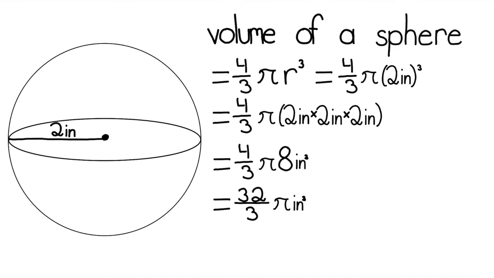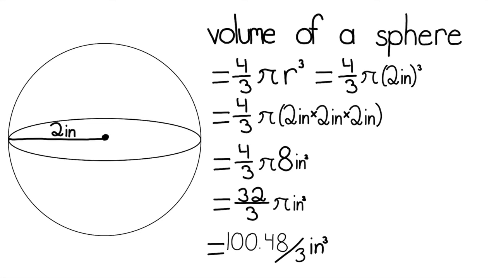So now that we have that, let's solve 32 times pi. Whenever most people do calculations multiplying something by pi, they use 3.14. So let's do 32 times 3.14, which would equal 100.48 over 3 inches cubed.